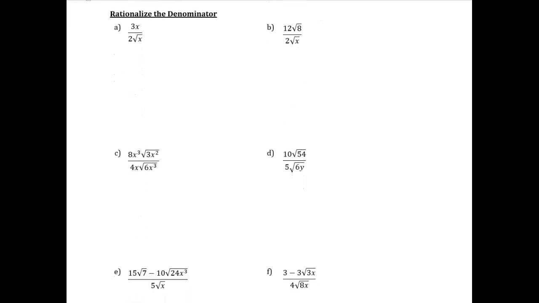Next set are rationalizing the denominator. So let's look at C. So when we look at C first, let's simplify where we can. So you have 8 divided by 4, and that leaves you with 2.